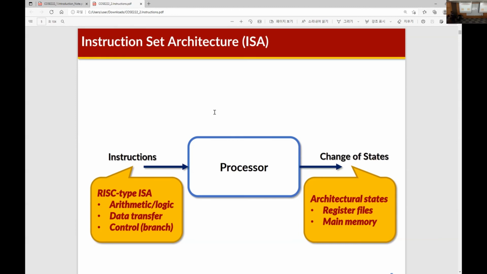Which means the computer architecture researchers can include many different components, such as cache, TLB, and some other useful components. They can make any other components if these components are good for the performance of the computer processors.